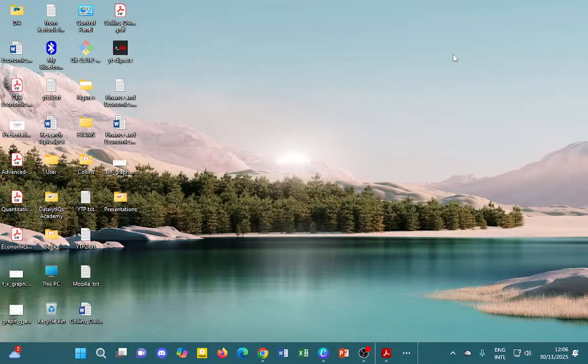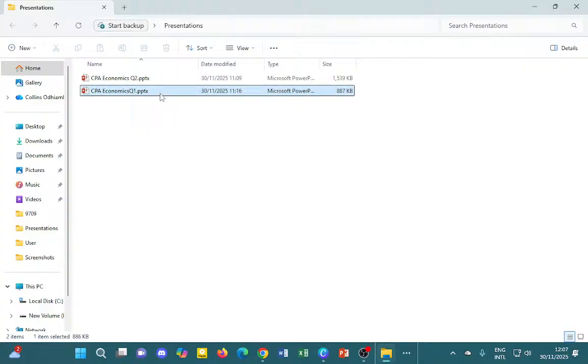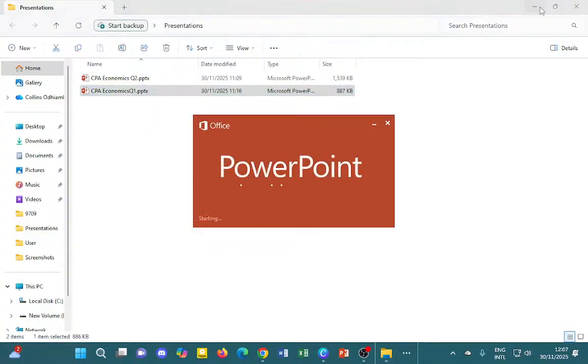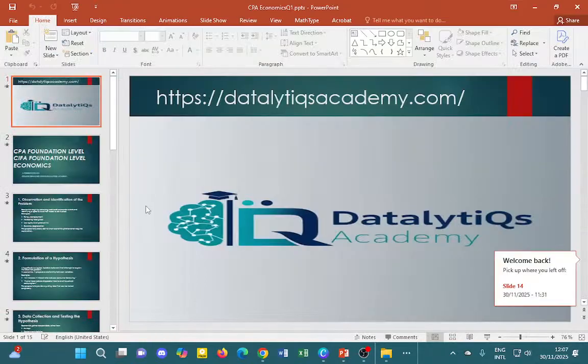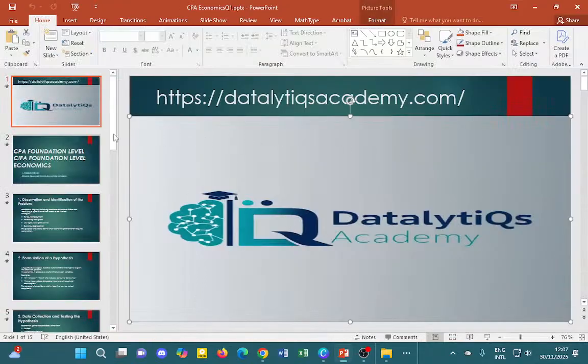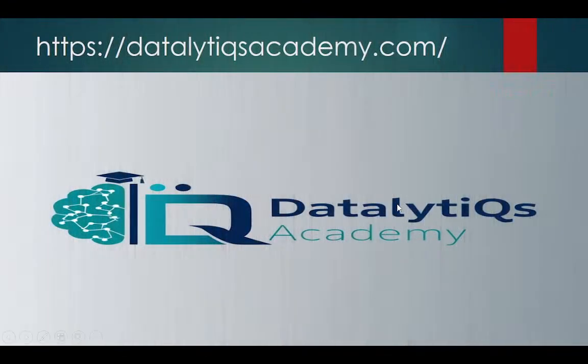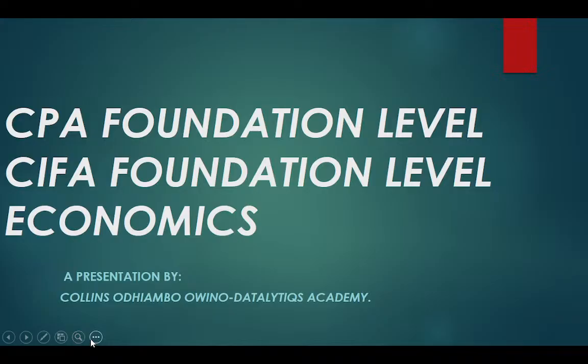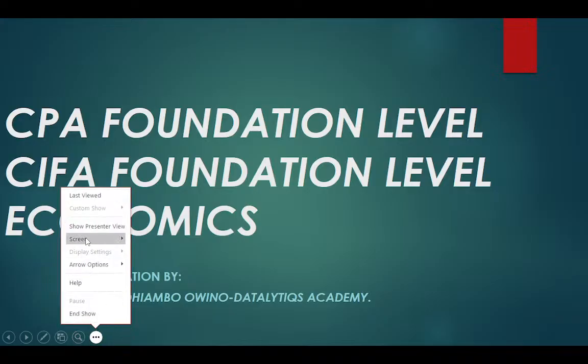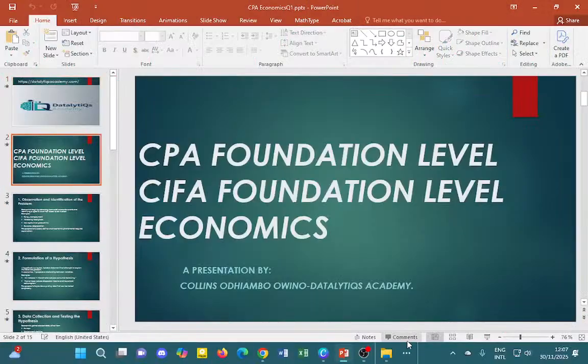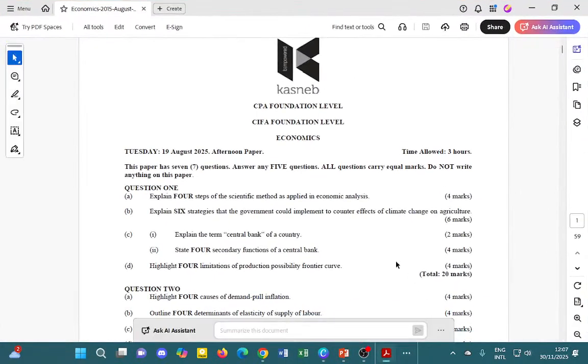So question 1, that's what we have. We saw that the first question that we want to answer is: explain 4 steps of the scientific method as applied in economic analysis.